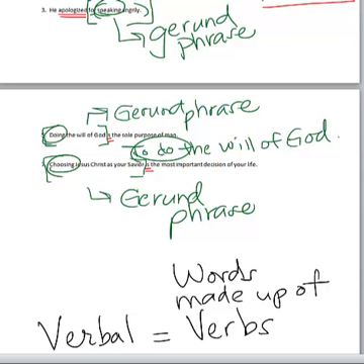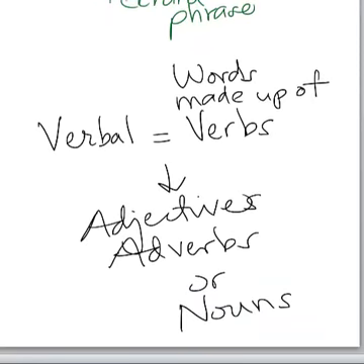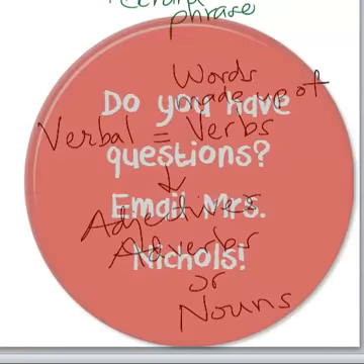Okay, I know that. And this is probably one of the most advanced concepts that you work with in grammar. But if you can just find the verbs and the verbals and tell the difference between the two, then that's one step farther to increasing your understanding in grammar and making you a really awesome English student. Let me know if you have any questions. I'm here to help you.